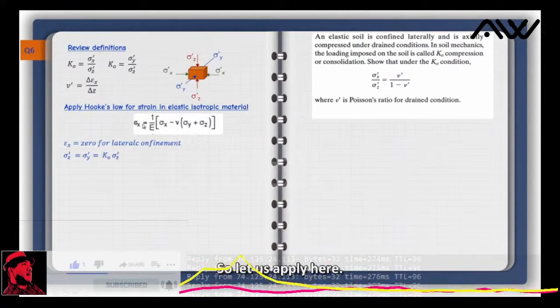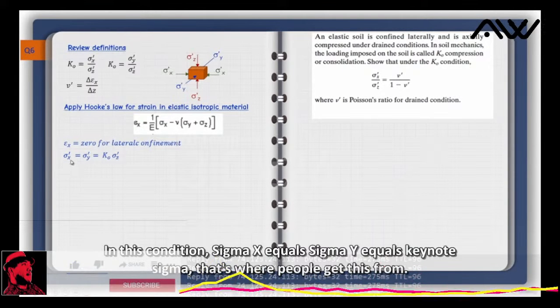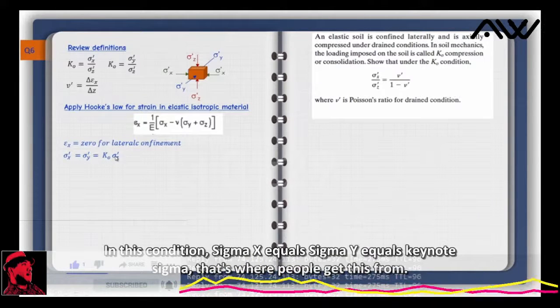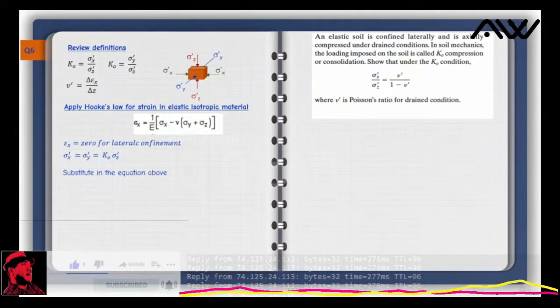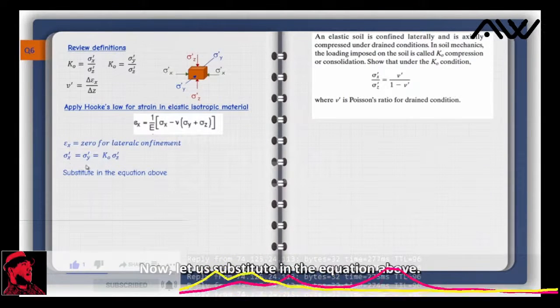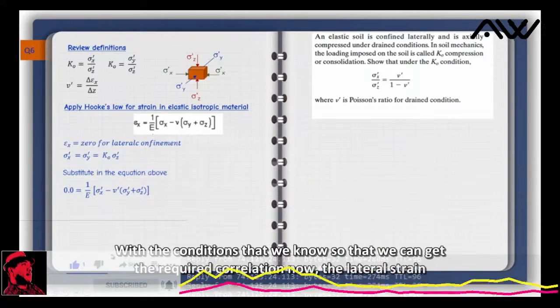So let us apply here, in this condition, sigma dash X equals sigma dash Y equals K naught sigma dash Z. Where did we get this from? Here is the definition. So you substitute here and you rearrange it to get sigma dash X. Now let us substitute in the equation above with the conditions that we know so that we can get the required correlation.